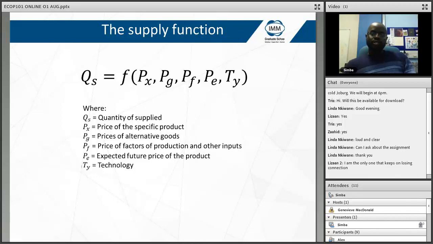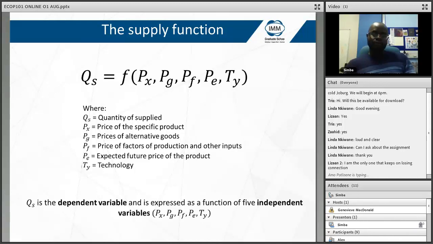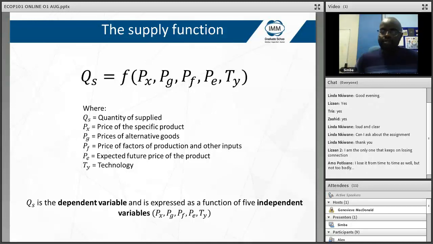Technology is also important. The better the technology that you are using, the more we are able to produce. All right. So we have the same analysis that we did with demand, the same analysis that we are also doing with supply.